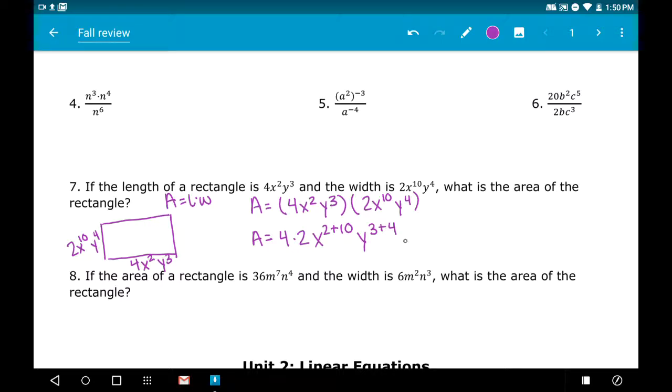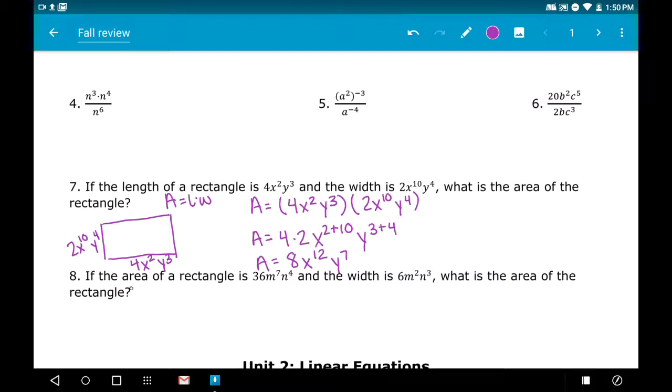So when we simplify this, we get our area equals 4 times 2 is 8. 2 plus 10 is 12. 3 plus 4 is 7. So our final answer is 8x to the 12th, y to the 7th.